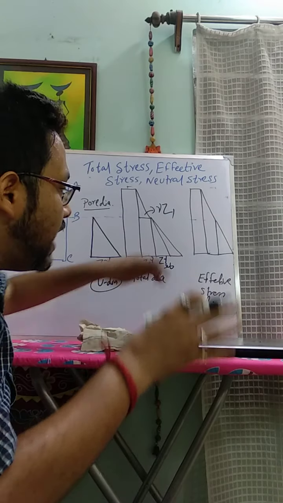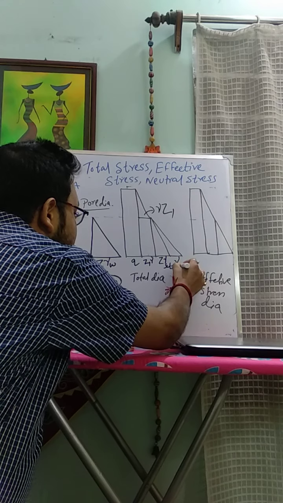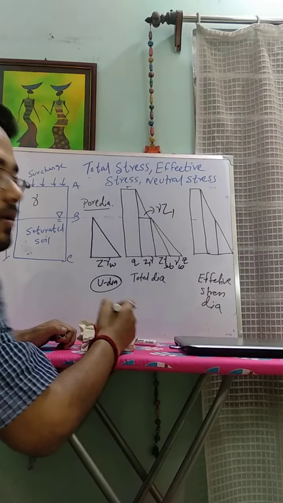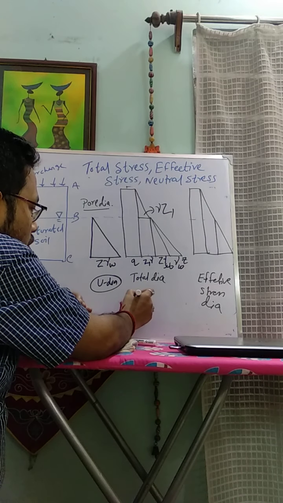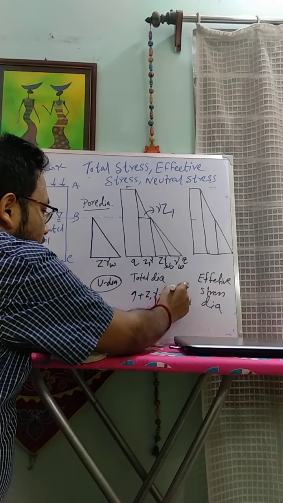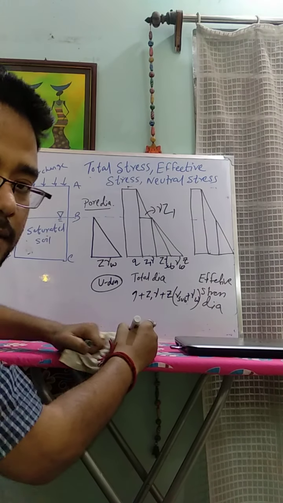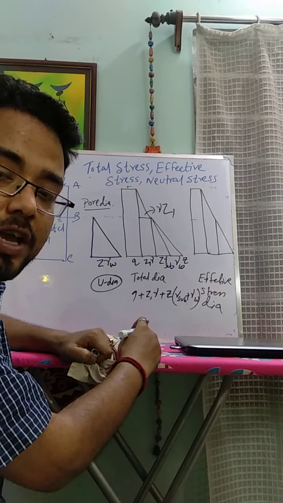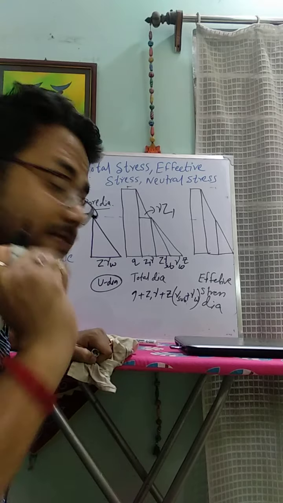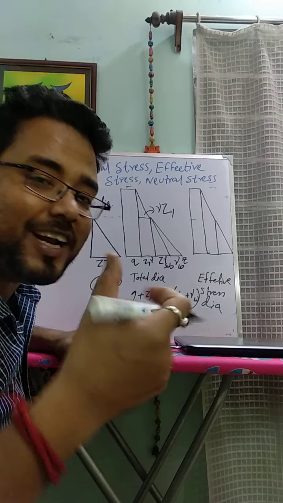That is the total stress, and this diagram represents the water, that is gamma W into the distance Z. Now it will be Q plus Z1 gamma plus, if Z is common, then gamma sub plus gamma W. And this gamma sub plus gamma W, submerged unit weight plus unit weight of water, we can say is the saturated unit weight.